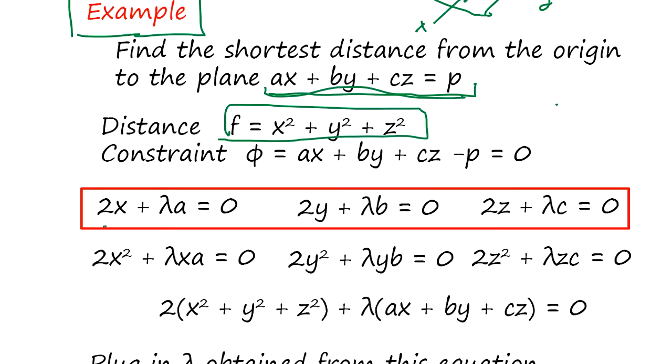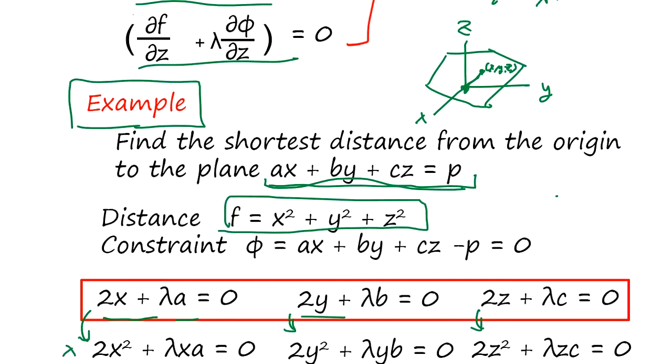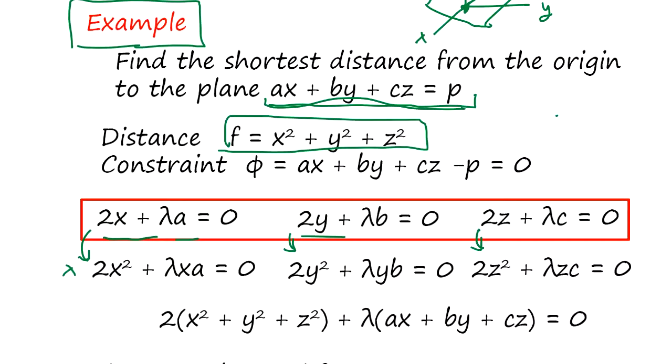We get 2x plus lambda a equals 0, 2y plus lambda b equals 0, and so on. And you multiply by x, y and z. This is just a manipulation of the equations.